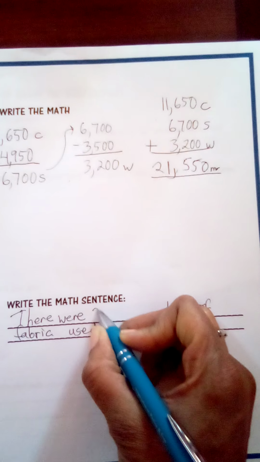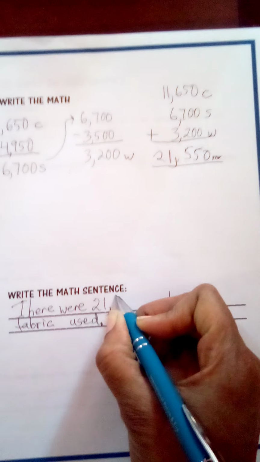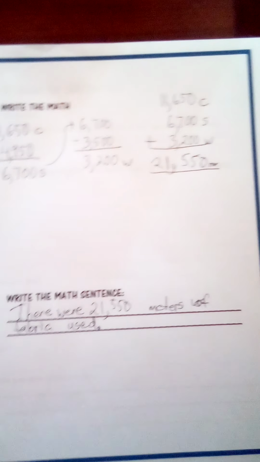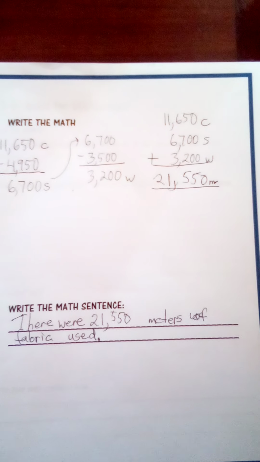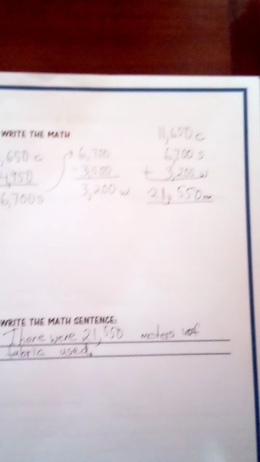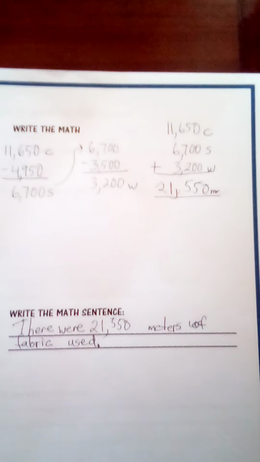There were 21,550 meters of fabric used. So as you can see, the RDW reasons out every part that is needed so that you are able to see a picture of the visual and show the math work and conclude it.